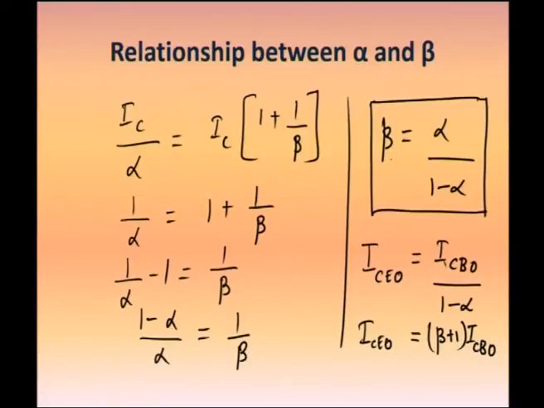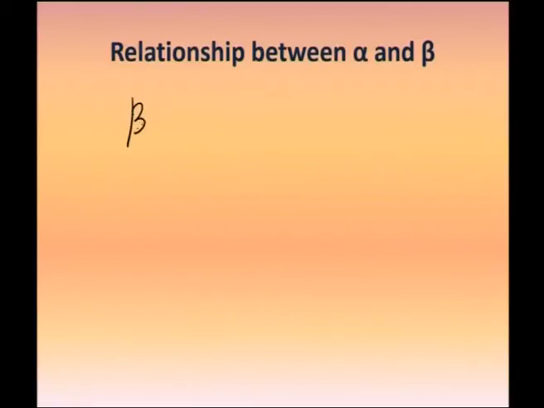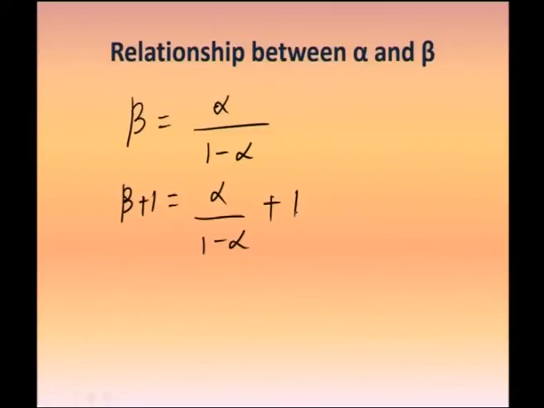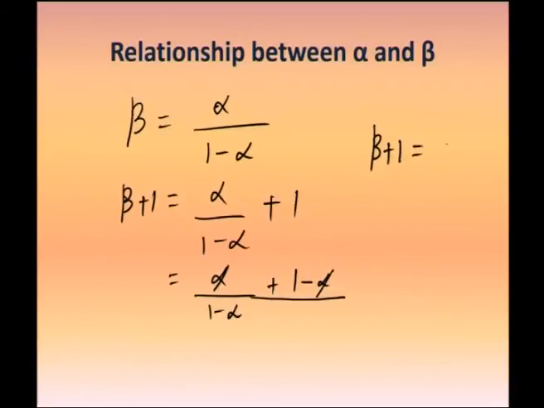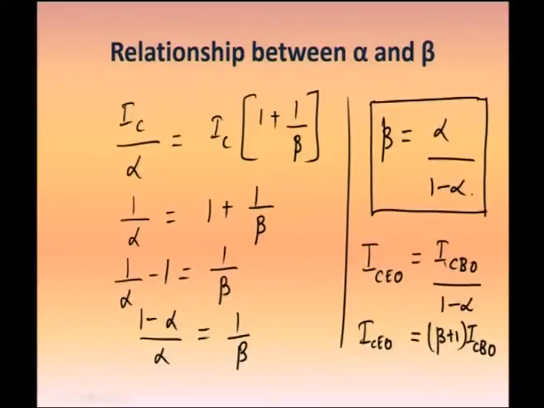We have beta equal to alpha by 1 minus alpha. If you put beta plus 1, it is alpha by 1 minus alpha plus 1, add 1 to both sides, take LCM. So, you get beta plus 1 is equal to 1 by 1 minus alpha. So, you can replace this 1 by 1 minus alpha as beta plus 1.